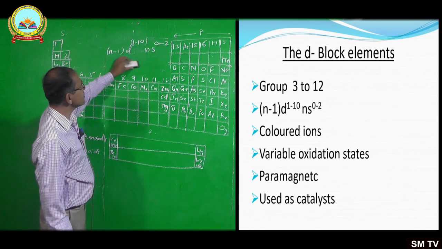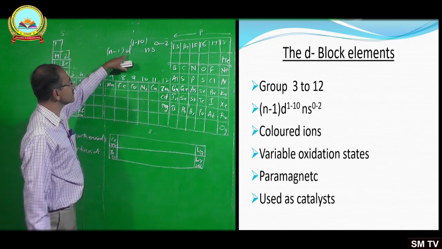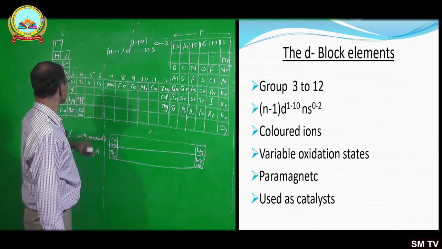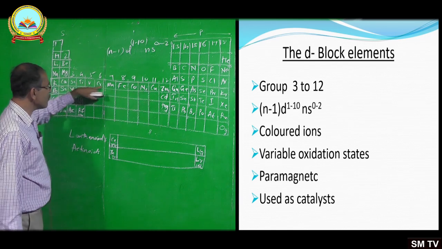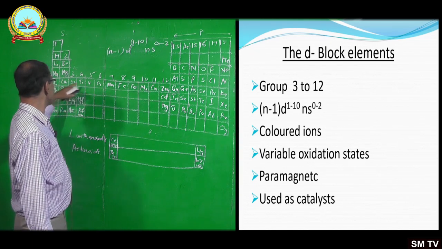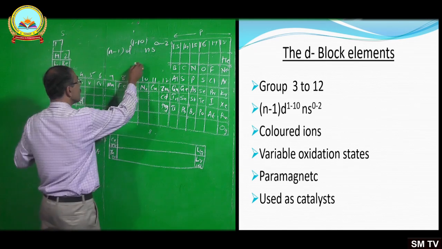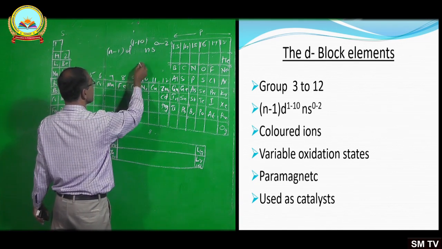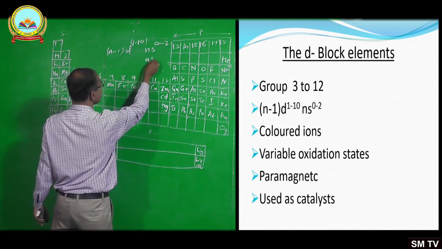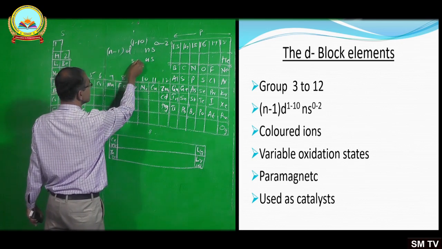Many students ask, what is this n? See, (n-1)d, ns: your d block starts from the 4th period, right? That means 4s is filled first. Therefore, ns is 4s, and n minus 1 is 3d.